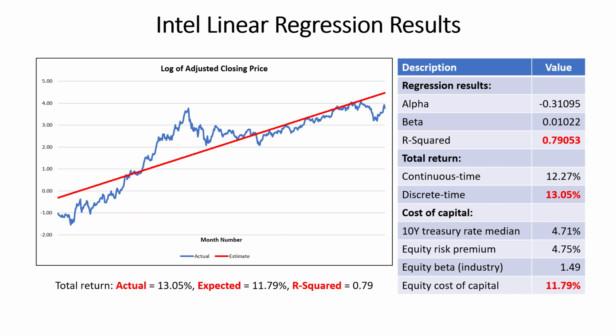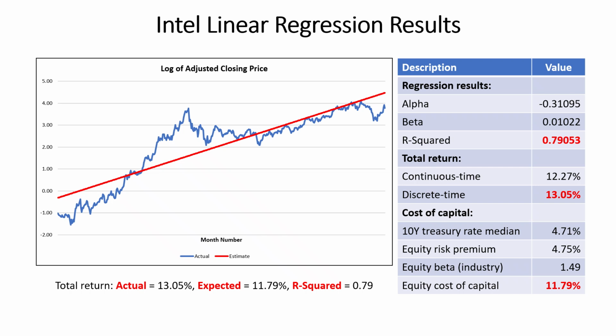Then we want to compare that number to its cost of capital, or what the market expects. And the way we do that is we take the 10-year treasury rate of 4.71%. And then we want to take the equity risk premium, which is 4.75%, and we talked about this when we talked about valuation basics. Then we would want to take the equity beta, which is a measure of riskiness. Remember that a beta of 1 says that the stock is as risky as the market. A beta less than 1 says that the stock is less risky.